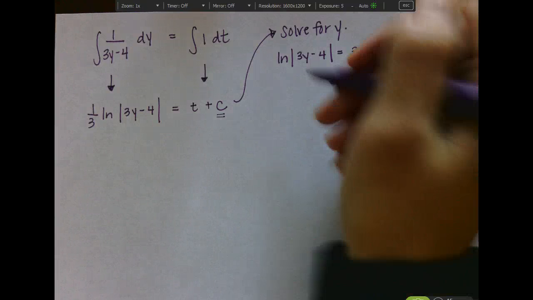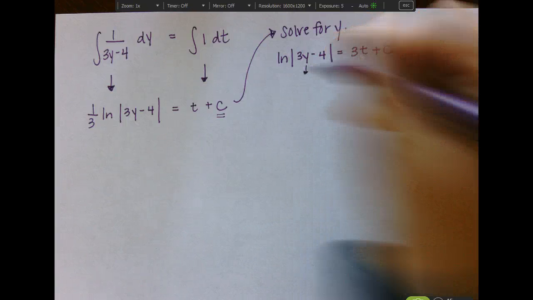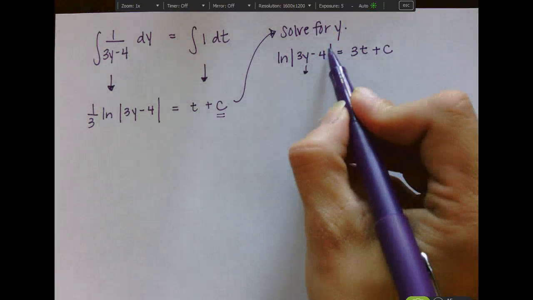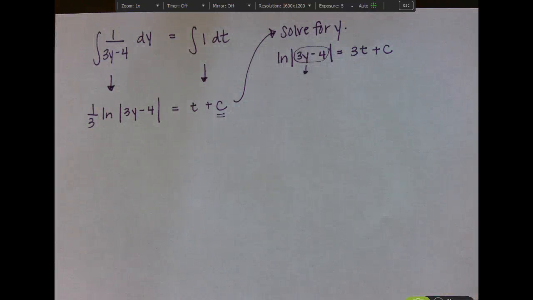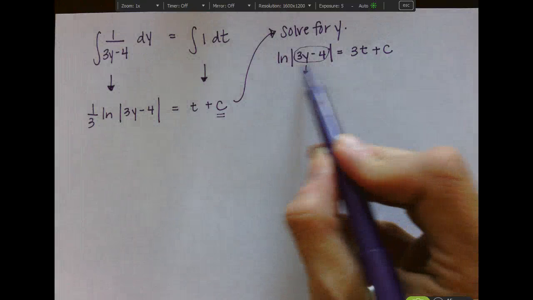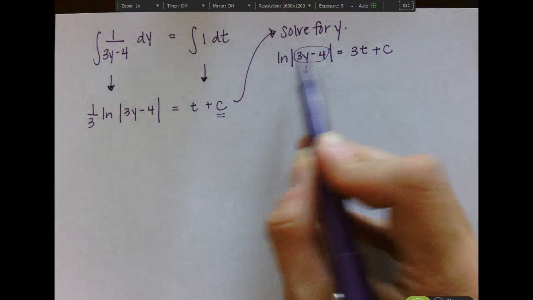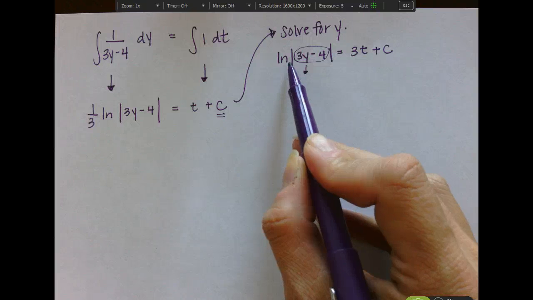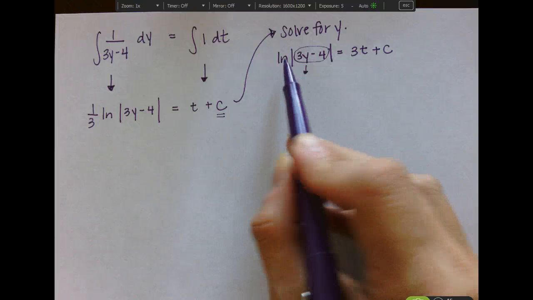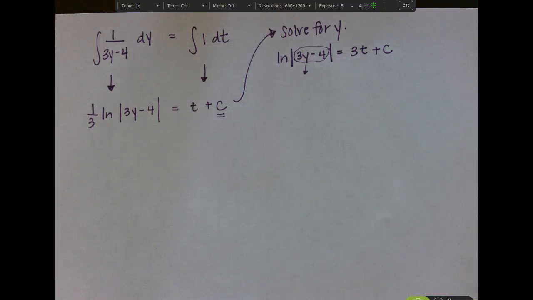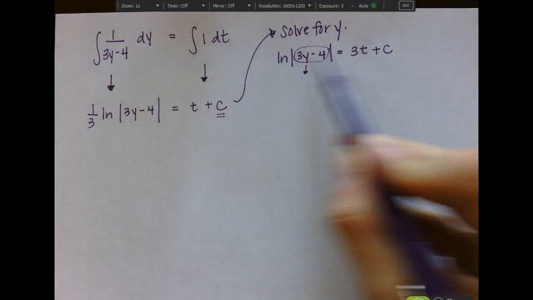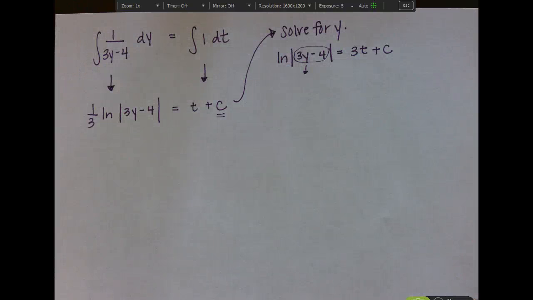From here, you need to get this y variable, or in fact this entire term, the argument of the log, out of there. And the only way to do that is to undo the log by taking e and raising it to this power. Remember that is how you convert from a logarithmic equation into an exponential one.